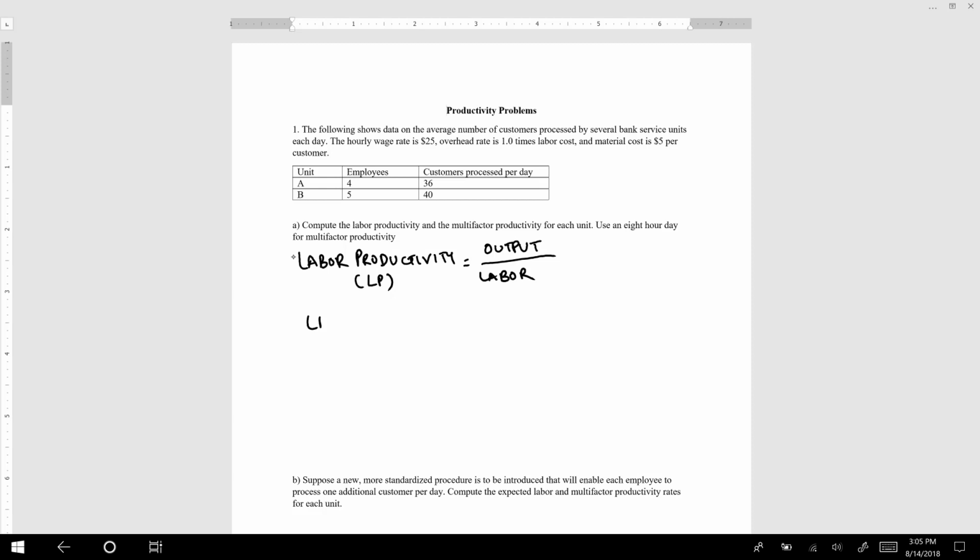So the labor productivity for department A or service unit A is the output is they process 36 customers and the input is 4 employees. So the labor input is 4 employees. So the labor productivity would be 9 customers per employee.